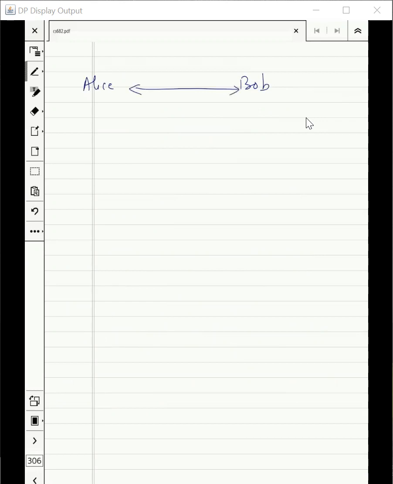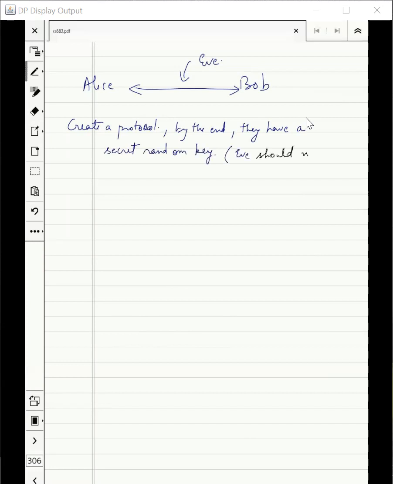They want to have a protocol in between, with Eve sitting there, so that by the end they have a secret random key. Obviously, Eve should not have information about it.